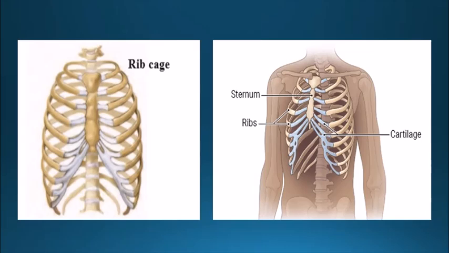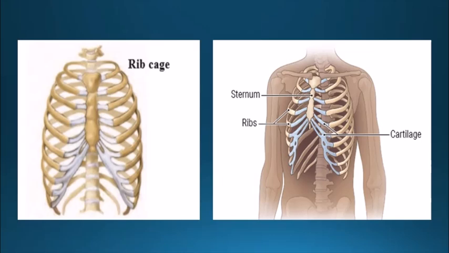So together all the bones form the chest. Now in the chest there are 25 bones. 12 pairs of bones are present, one on each side. That is, on the left side you have 12 bones and on the right side you have 12 bones. And these 12 bones are attached to the 25th bone, that is the sternum, in between.